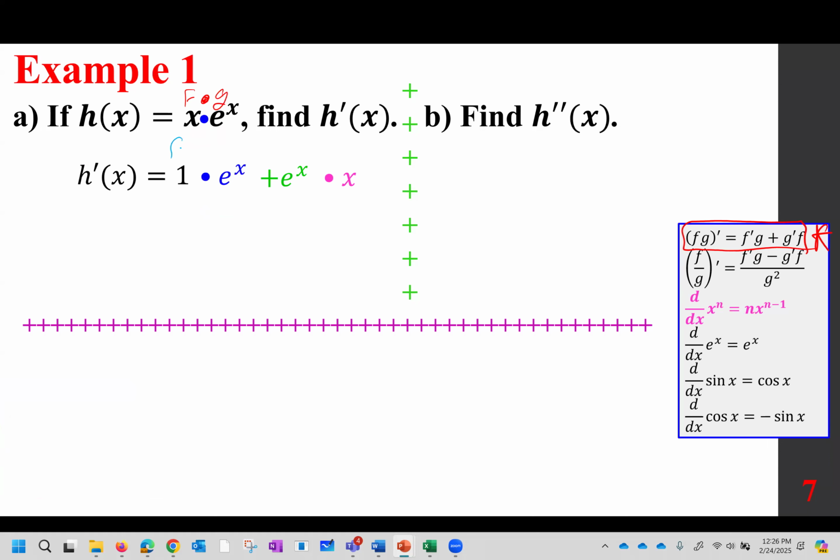So this is f prime g plus g prime f, and we can factor e to the power of x out. We get e to the power of x times 1 plus x.